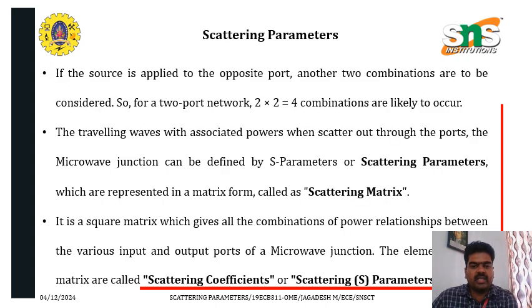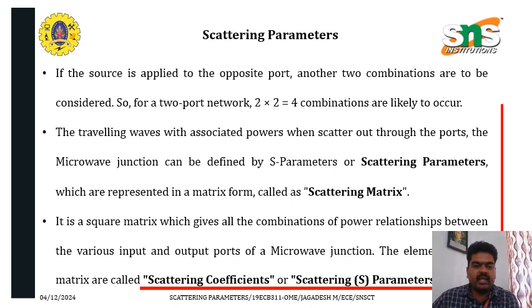According to the scattering parameters, if the source is applied to the opposite port, another two combinations have to be considered. So for a two-port network, 2 into 2, that is 4 combinations, are likely to occur. The traveling waves with associated powers, when scattered out through the ports, the microwave junction can be defined by S parameters or scattering parameters, which are represented in a matrix form called the scattering matrix.